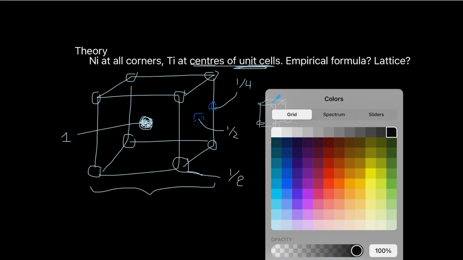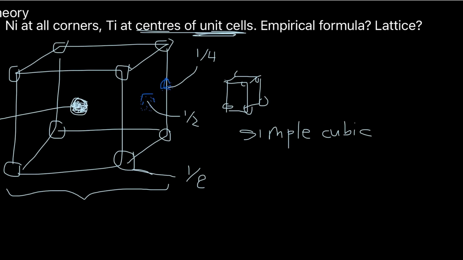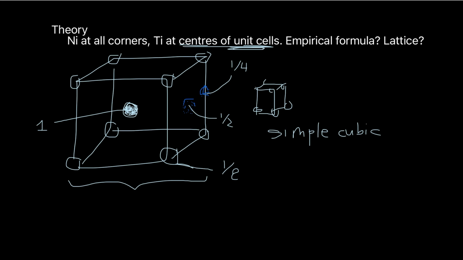Now to get our empirical formula, we're going to use these fractions and count how many nickel there are. There are 8 nickels at each corner, and each corner counts for 1/8, so there is 1 net nickel in this unit cell. As for our Ti, we have 1 in the center, and that's it.